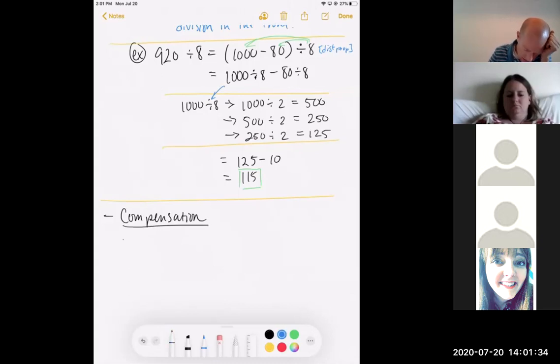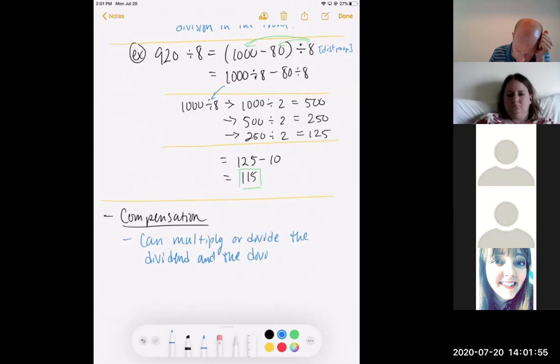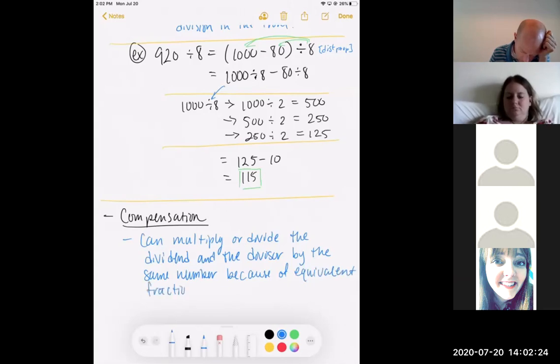With compensation, you can multiply or divide the dividend and divisor, the two numbers in the problem, by the same number, because of equivalent fractions.